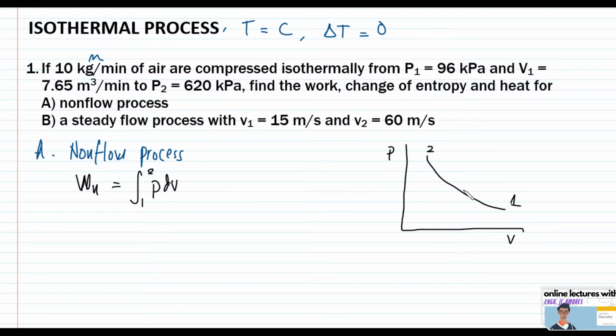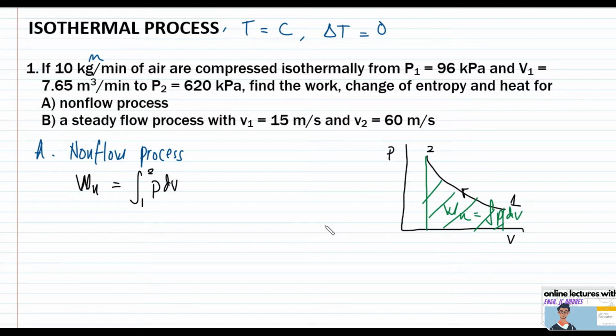That would be the movement from point 1 to point 2. We have to remember that the area under the curve of PV represents your non-flow work, which is equal to the integral of PdV.